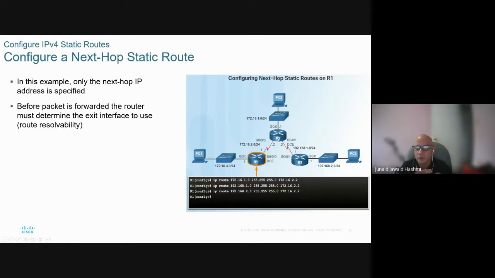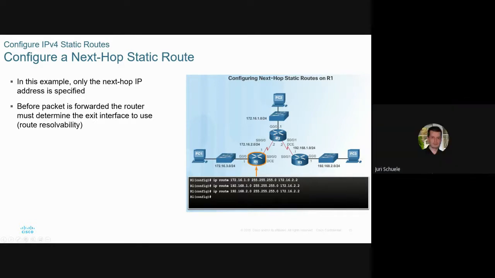So the rule is the IP address of the router that you are connected to, not your own address. The IP address of this interface is 172.16.2.1, but you have to specify the IP address of the router that your router is connected to.